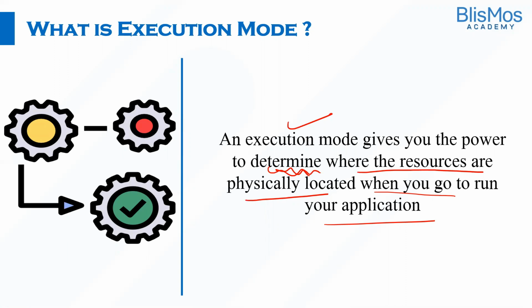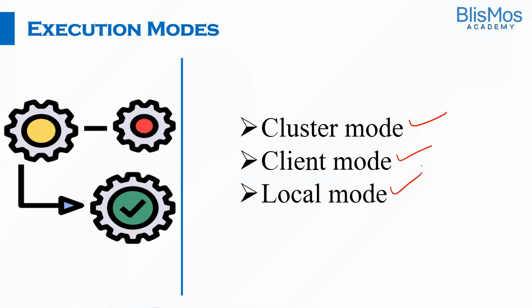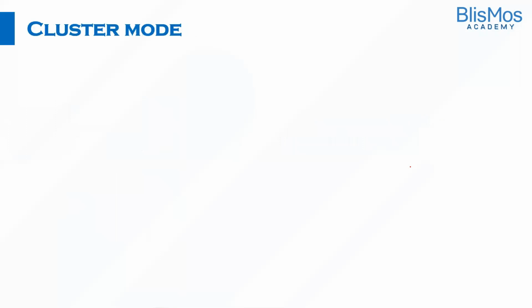Through execution mode, you will determine where your physical resources need to be located. We have three execution modes in Spark currently. Cluster mode is one of the execution modes. Client mode is the next one, and we do have local mode. We'll see them one by one.